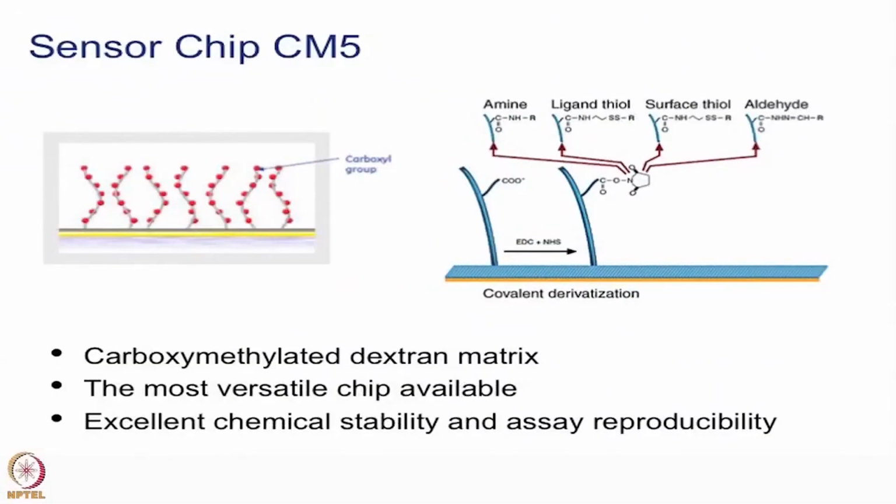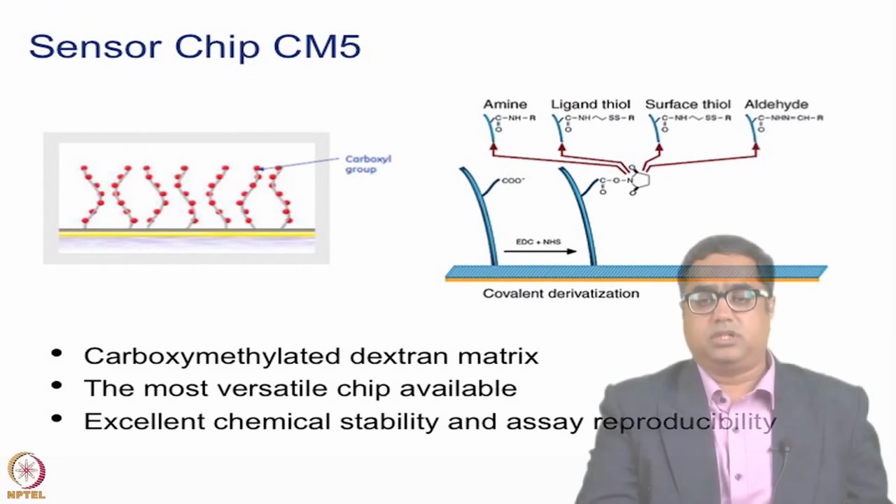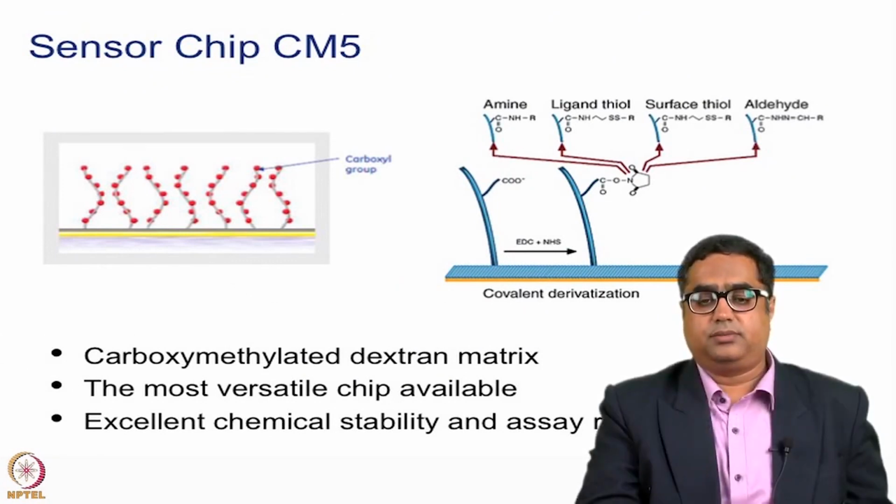To start with, the first and universally accepted chip is the sensor chip CM5. CM stands for carboxymethyl, and 5 is a number that shows the amount of branching. In this slide, the gold has a glue, and the glue attaches the dextran to the gold.